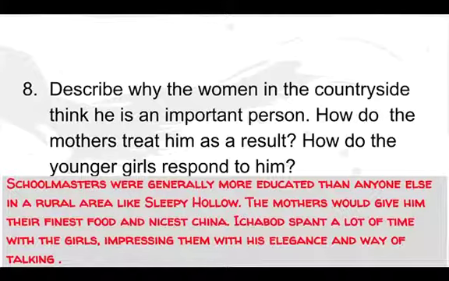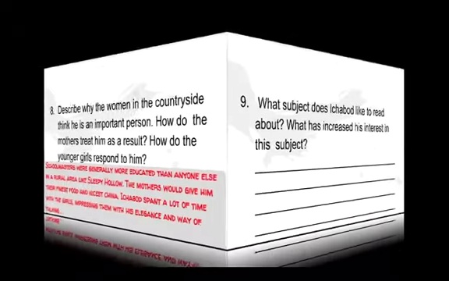Ichabod spent a lot of time with the girls, impressing them with his elegance and his way of talking. So, just like we saw in the cartoon, all of the women, the mothers and the young girls, they would love Ichabod Crane. They would be fascinated by him. They would be interested in him because he was so smart and knowledgeable. As soon as you're ready, let's go on to number 9.